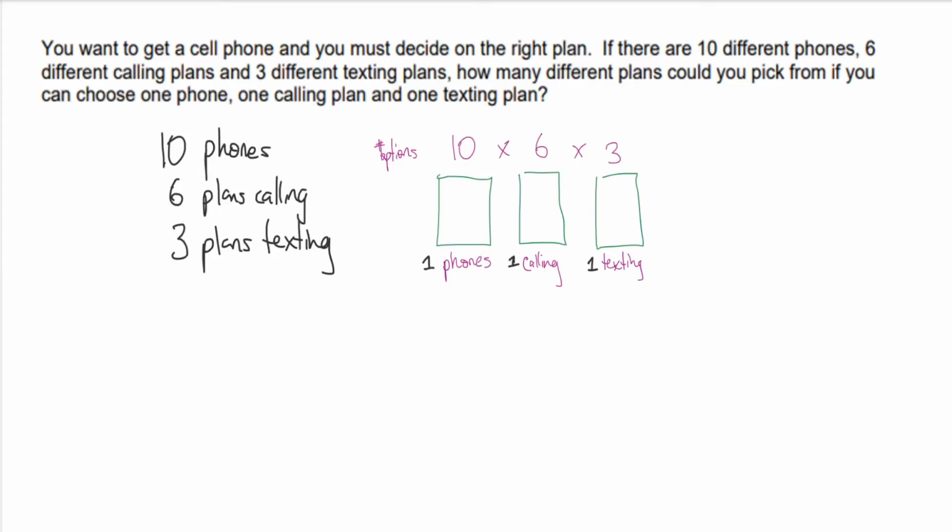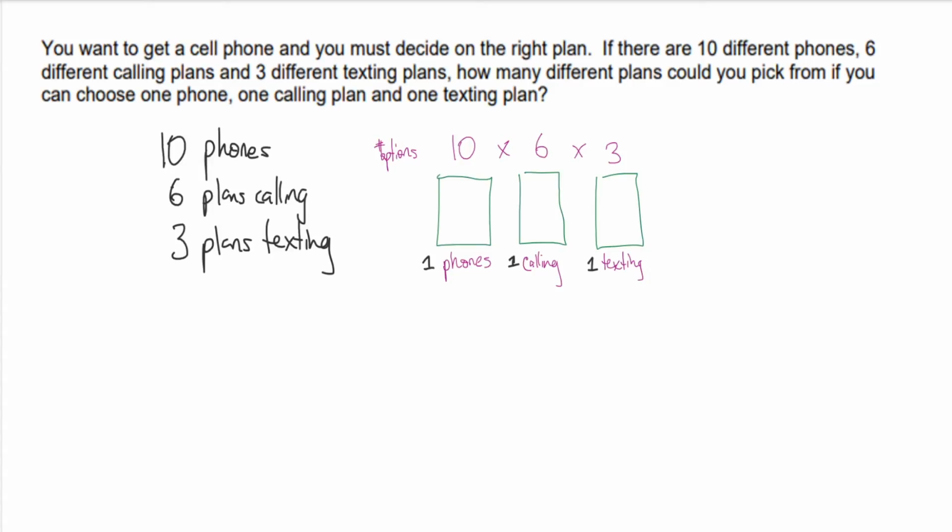Does a certain full plan put together incorporate choosing one from the 10, one from the 6, one from the 3, or is it just one from the 10? And then another plan is choosing the calling, and another plan is choosing the texting. No, each plan is choosing all 3. So that's going to be like one event, right? So that's what we mean by occurring concurrently, right?